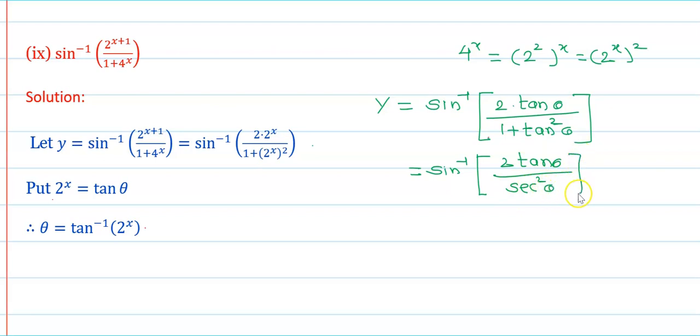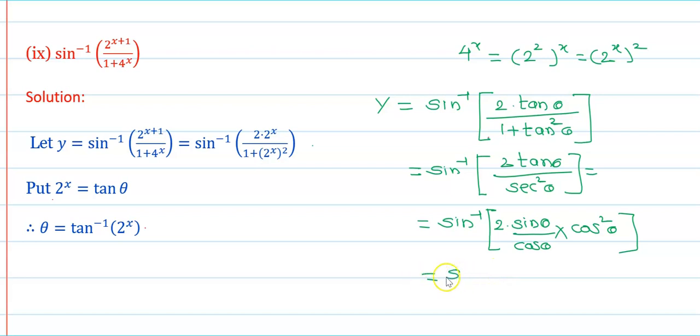1 plus tan square theta is sec square theta. Okay. And this equals sine inverse of 1 upon sec square theta, which means cos square theta. And tan theta can be written as sine theta upon cos theta. Also 1 upon sec square means cos square theta. Okay. One cos will get cancelled.